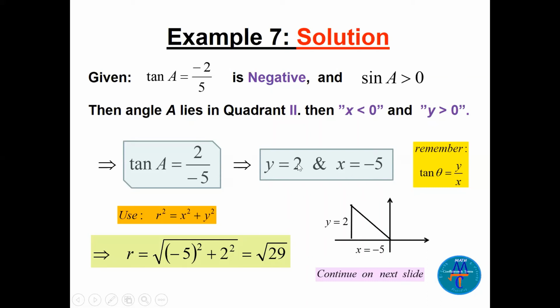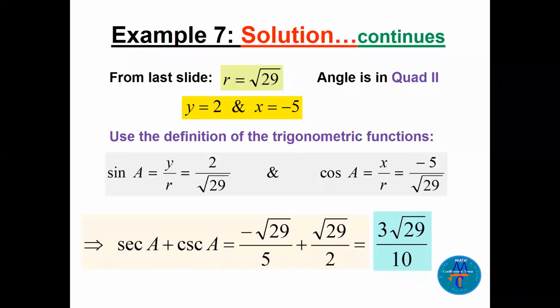So y is 2 and x is minus 5. The numbers are the same: minus 2 over 5 is the same as 2 over minus 5. Now let's find r. Remember, r is always positive. It is the square root of x squared plus y squared, so the square root of 29.